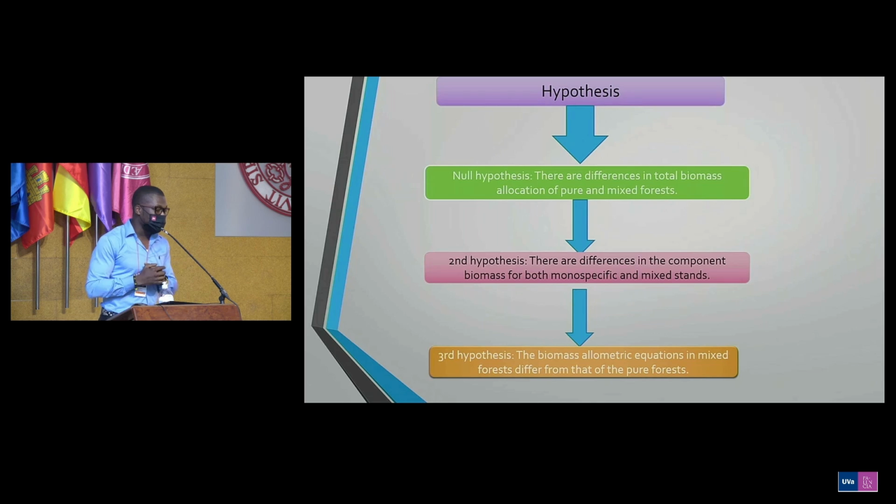The second: there are differences in the component biomass for both monospecific and mixed stands. And the last: the biomass allometry equation in mixed forests differs from the pure forest. These are the hypotheses we made from our literature review before starting our research.